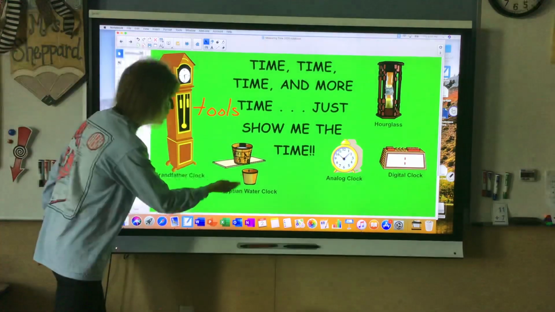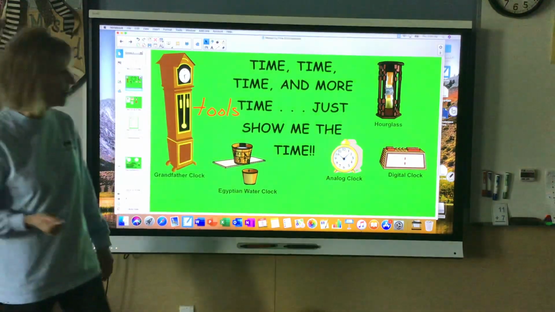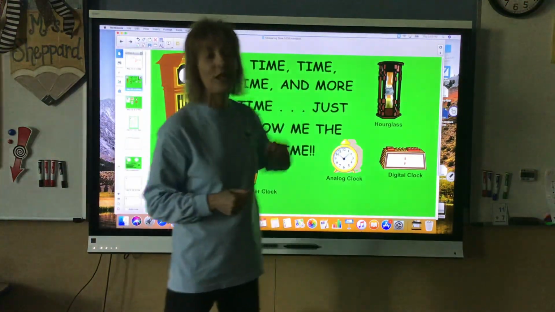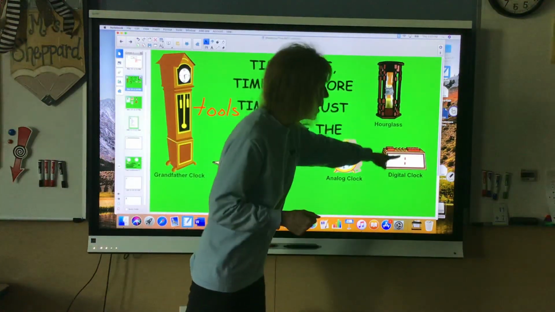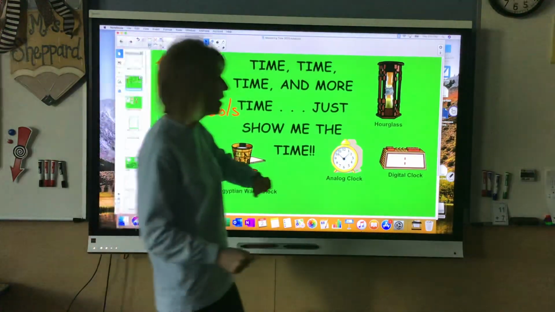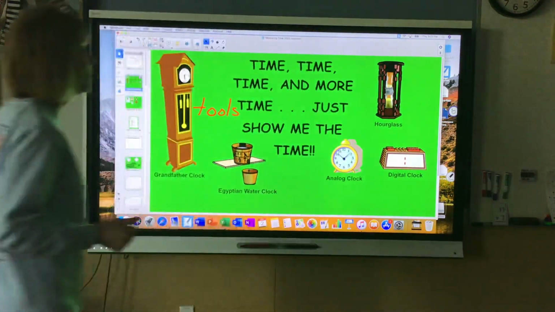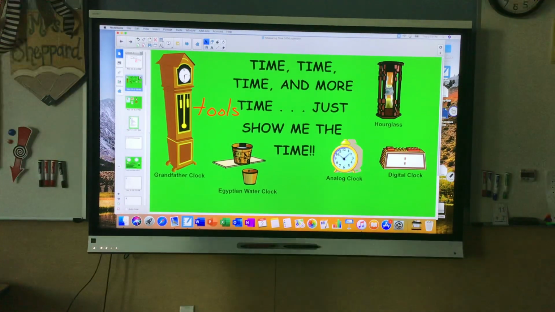Long ago, they used Egyptian water clocks. I might use an analog clock. That's what I use in the classroom. At home, you might use a digital clock, and some of our watches are digital, and some people, especially a long time ago, used an hourglass to measure time. Some people still use an hourglass today.